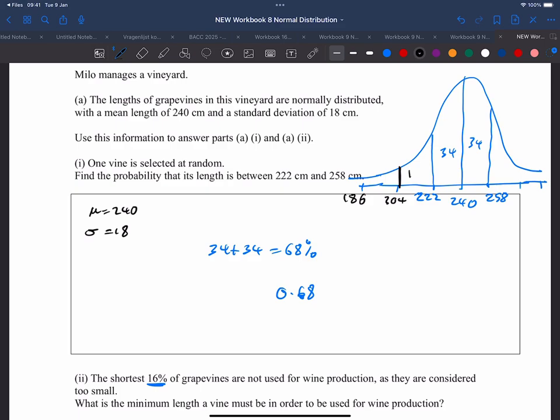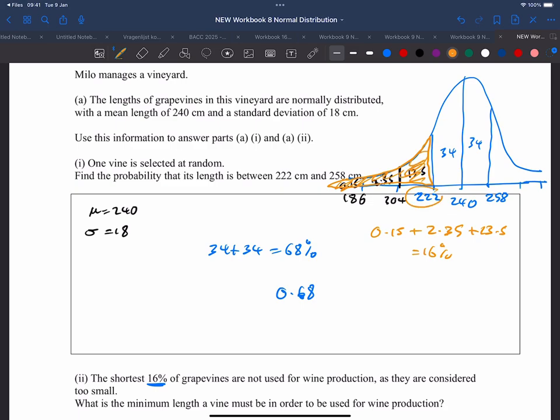So we want to know the shortest. Now, we know this area is 13.5, this is 2.35, again 2.35, and that's 0.15. We want the shortest 16%. What we know is that this area here adds up to 16%. 0.15 plus 2.35 plus 13.5 equals 16% of the graph.